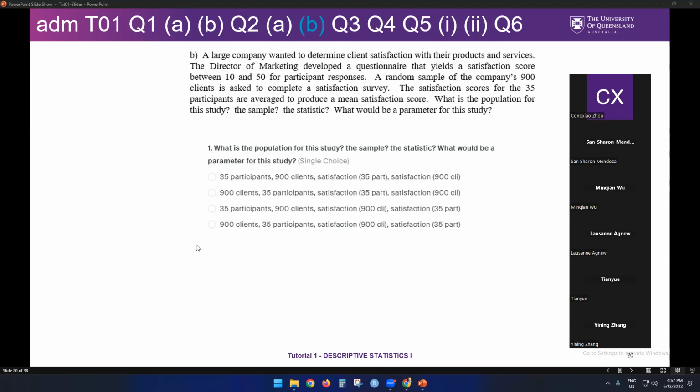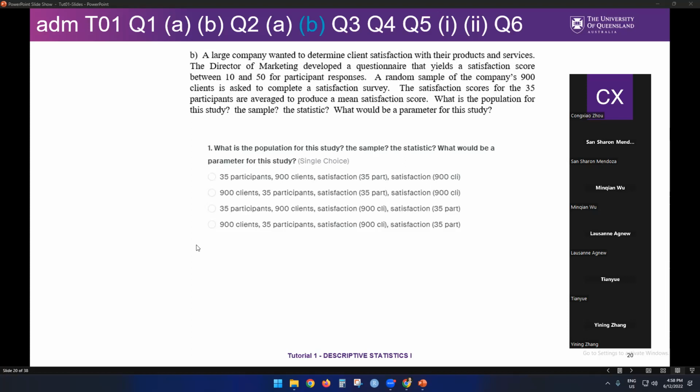As you can see, I will start from what interests us. A random sample of the company's 900 clients. Is it the sample or is it the total clients, right? That's probably something you're thinking about right now.